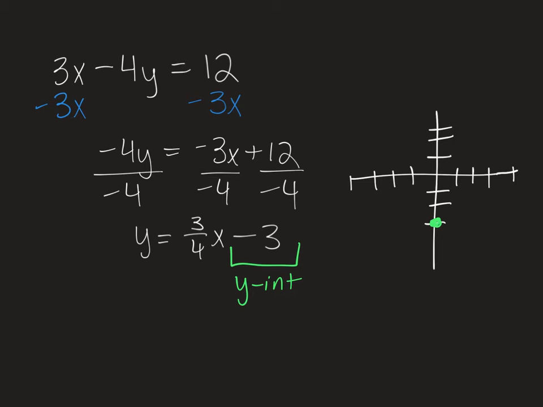That's where you start. Then you're going to use the number that's in front of x. That's your slope. So since your slope is 3/4, from that point that we just plotted, that lime green one, we're going to go up 3 and right 4. So we're going to go 1, 2, 3, 1, 2, 3, 4. Put a dot right there, connect the two dots.